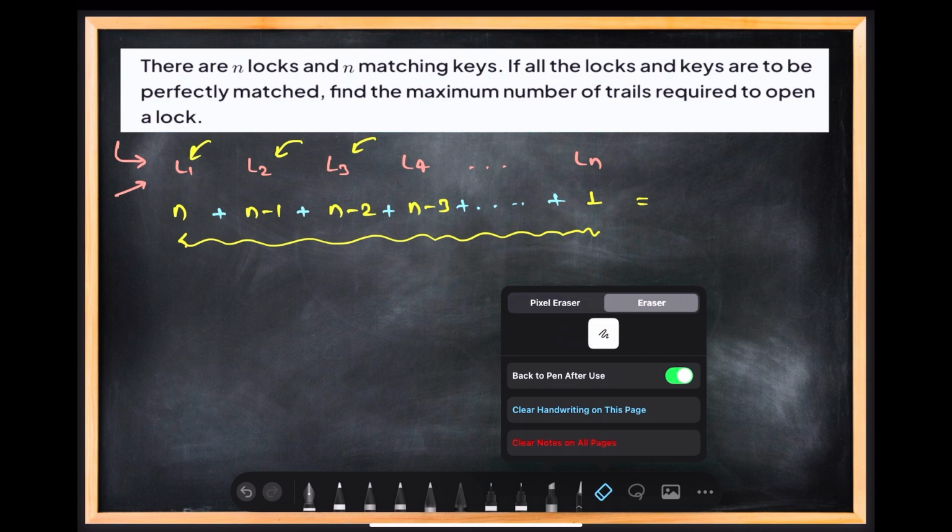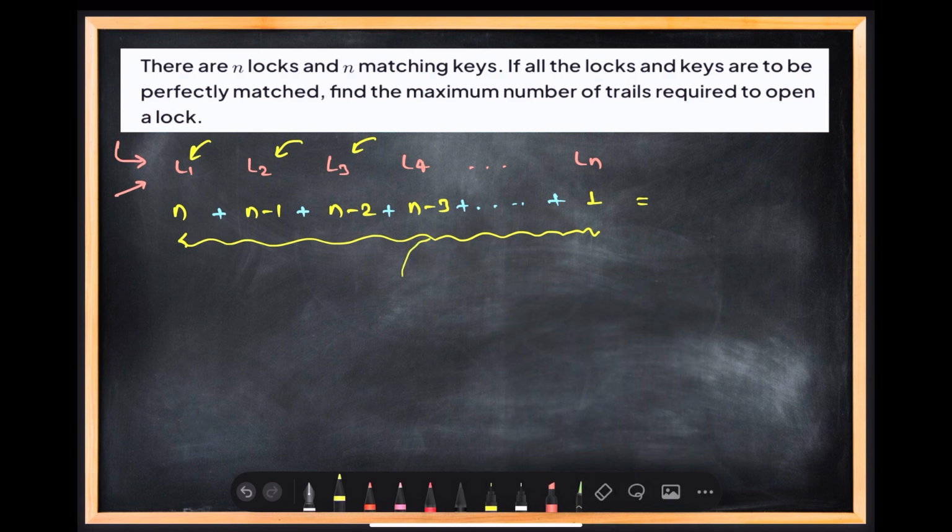So can I say that the sum of n natural numbers is n into n plus 1 by 2? So this many trials will be required to open all the locks in the maximum number of trials. I hope things are clear now.